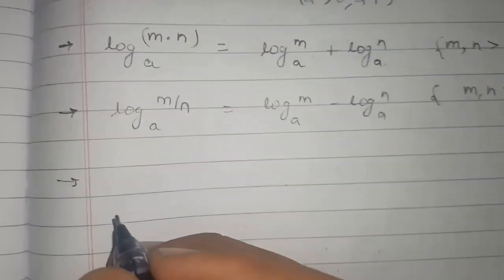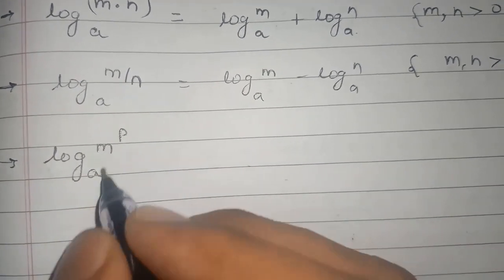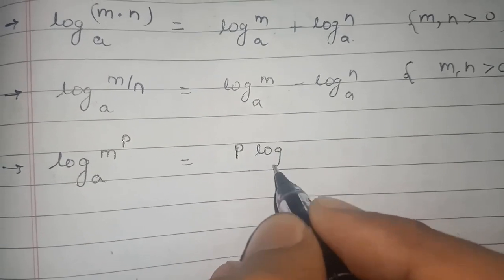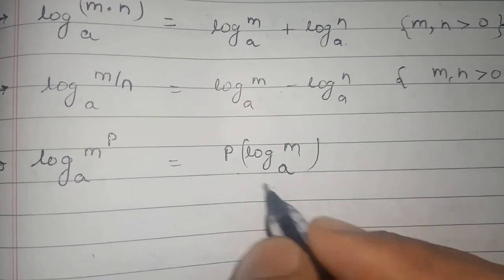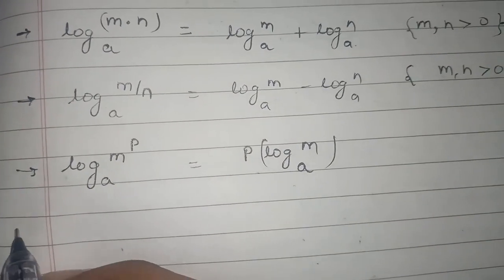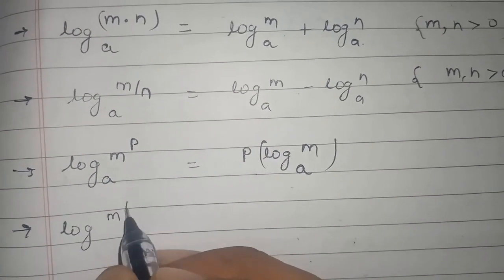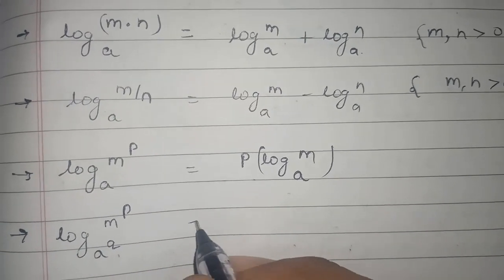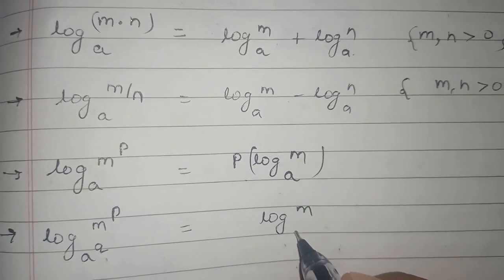Next is log of m to the power p to the base a is equal to p log m base a. p is multiplied by the logarithm of m to the base a. Also log m to the base a to the power q, with m to the power p, is equal to p divided by q times log m to the base a.